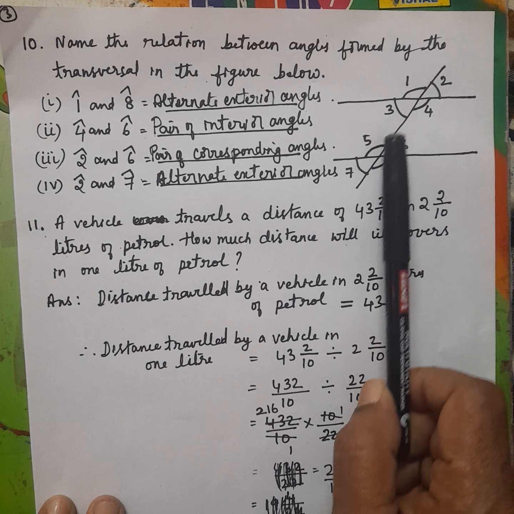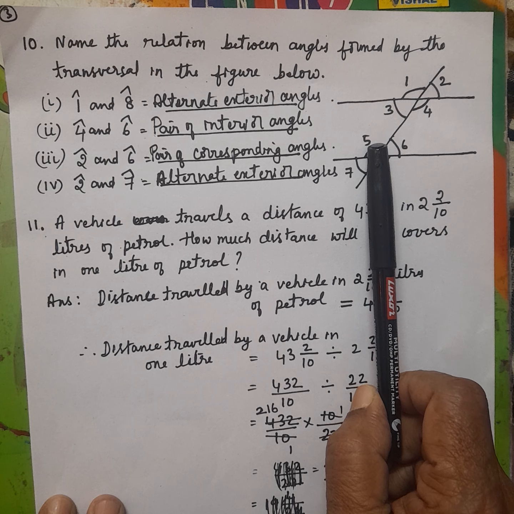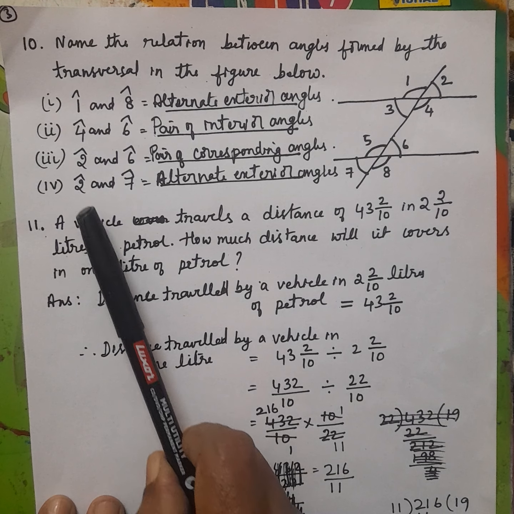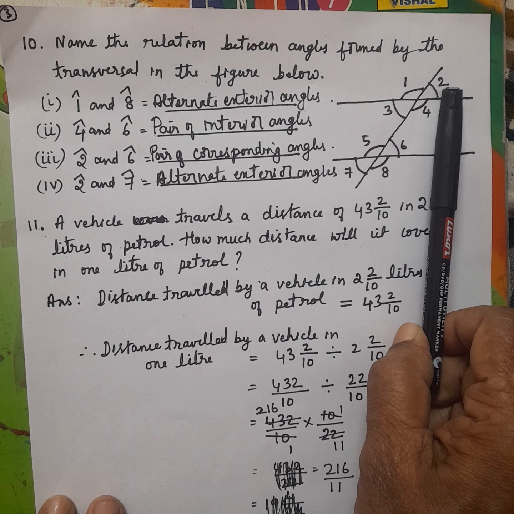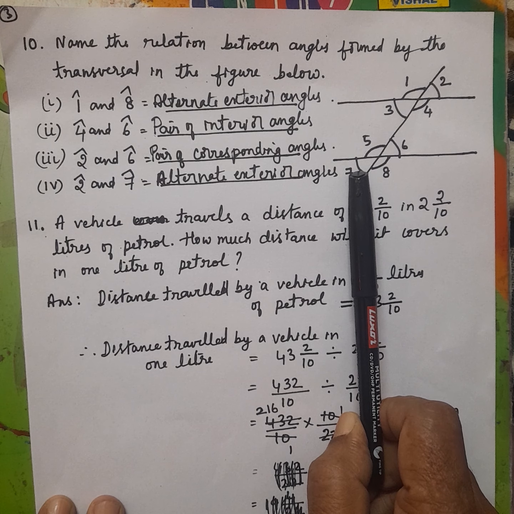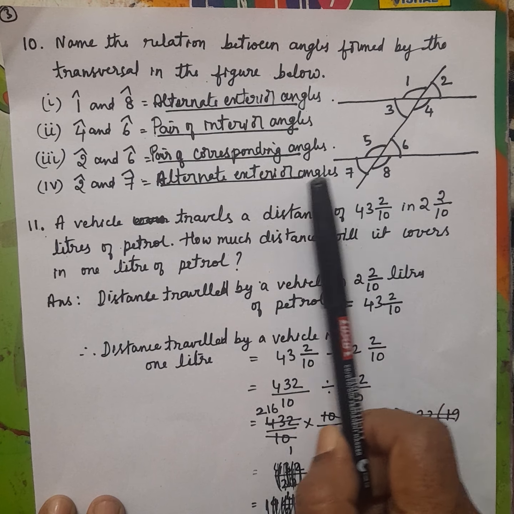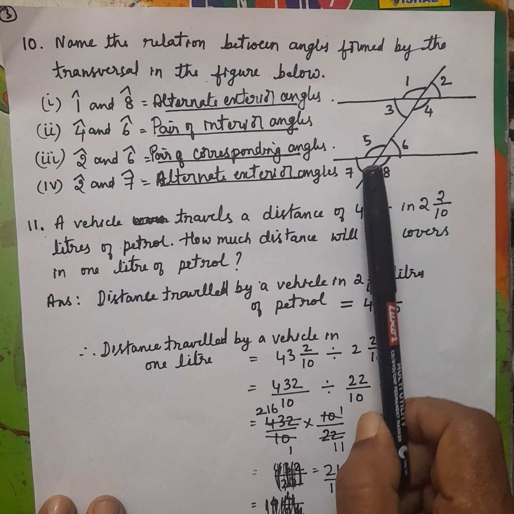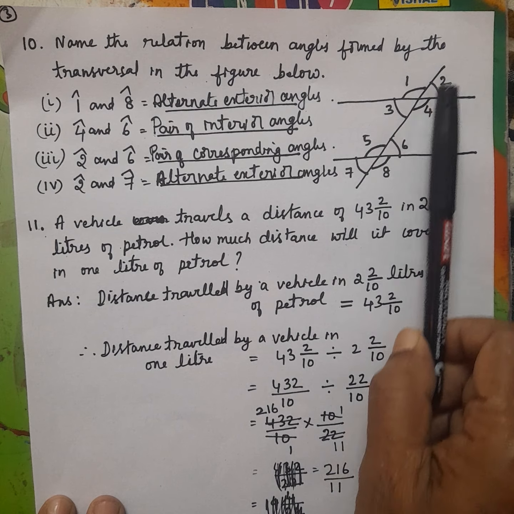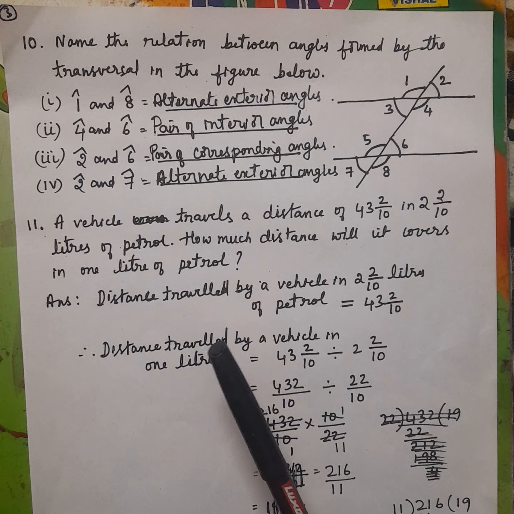In the same way 1 and 5 are also called a pair of corresponding angles. Now angle number 2 and angle number 7. These two are called alternate exterior angles.